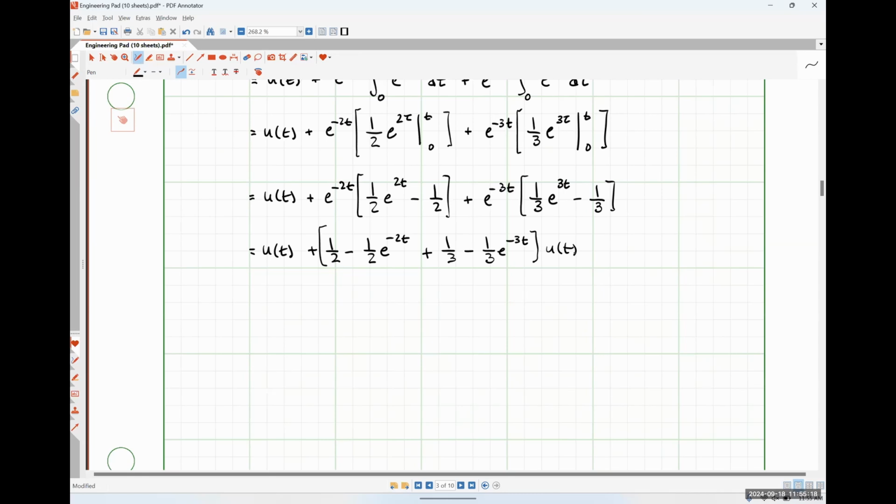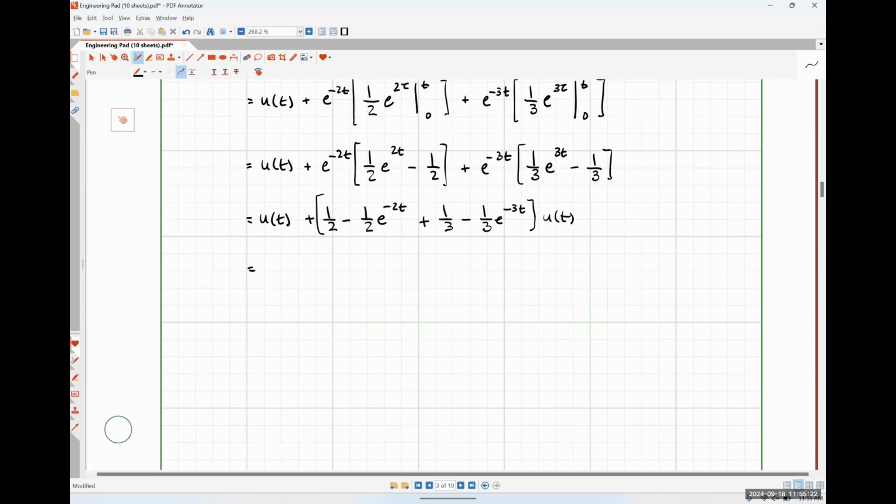So that lets me factor out some things, right? So I have a 1 u of t plus a 1/2 u of t plus a 1/3 u of t, and then I have a minus 1/2 e to the negative 2t u of t and a minus 1/3 e to the minus 3t u of t.